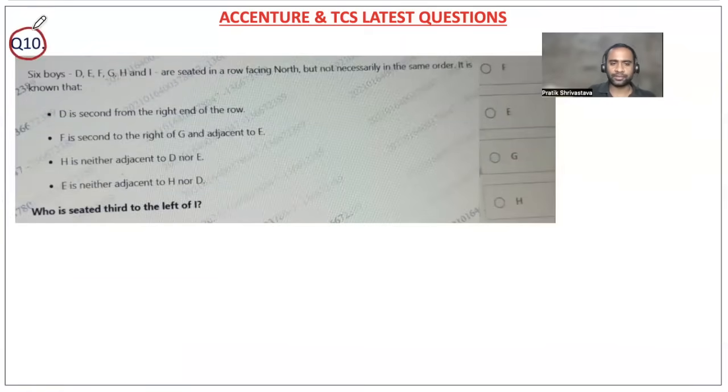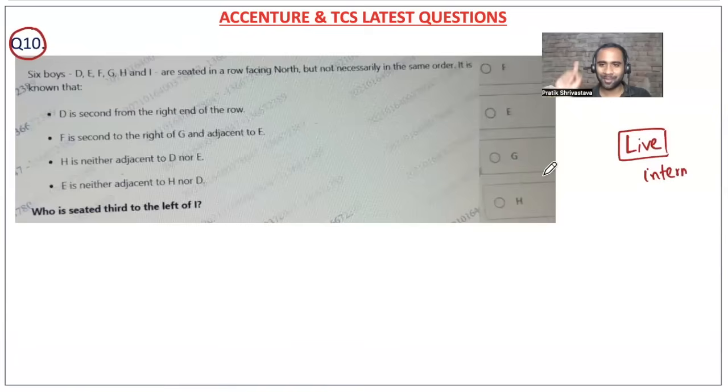Then question number 10. Friends, actually a live class was planned today, but the internet is not very good here. I'm at my native place, and you can see the background, correct? The network is not good.